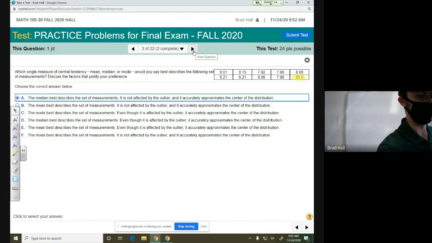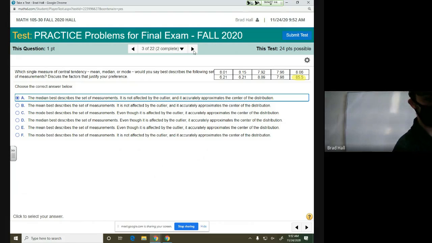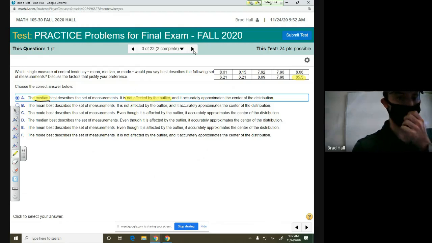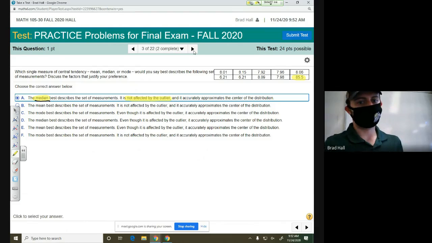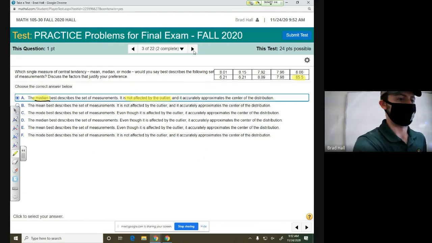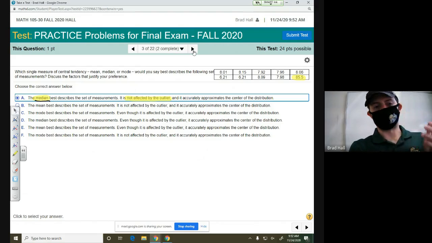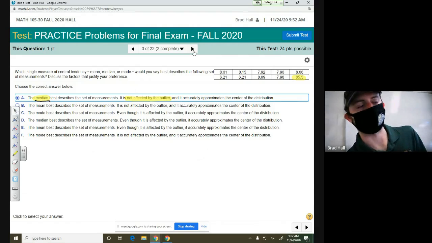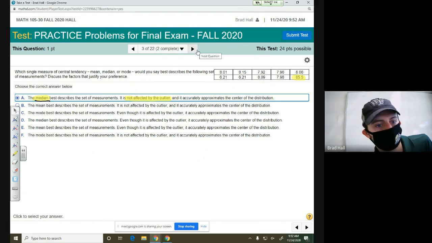That's the answer choice I want to pick. The main bullet point here is that the median is not affected by the outlier. So that's more of a conceptual problem. If one of those comes up, hopefully you can knock it out pretty quickly.